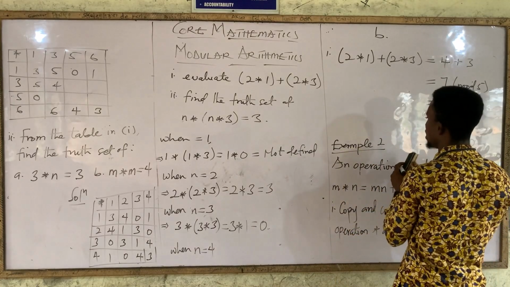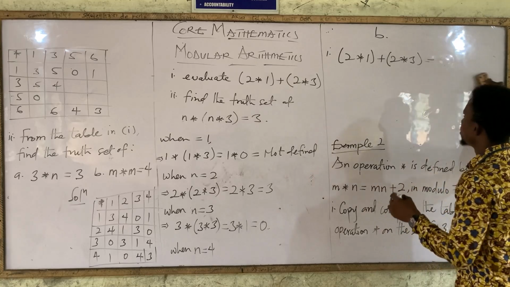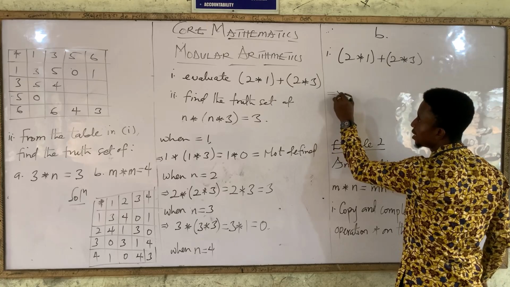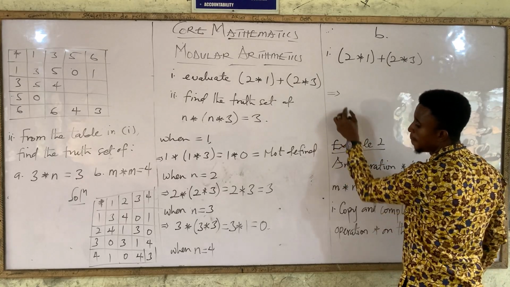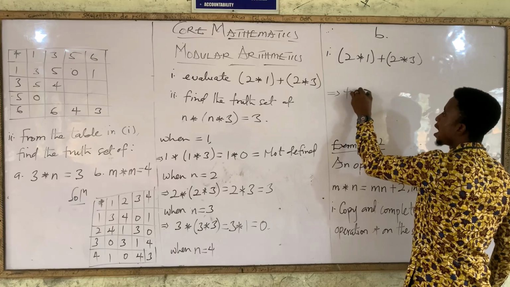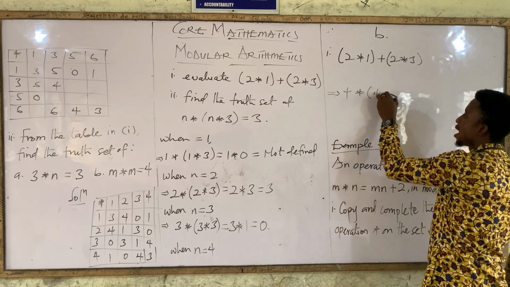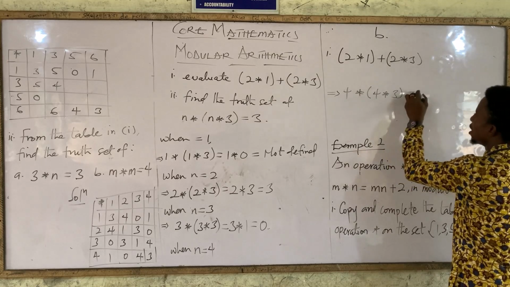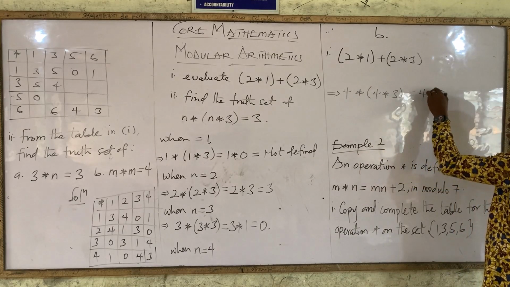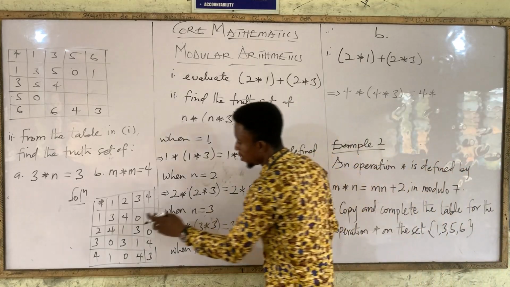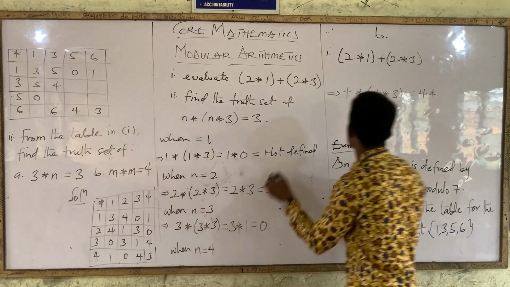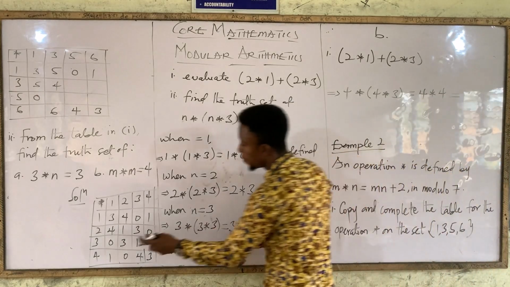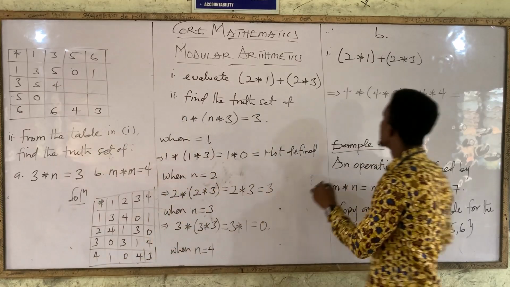We're already done with the I. So that one too implies that 4 star, into bracket 4 star, then 3 is equal to, then it will get me 4 star. 4 star 3. 4 star 3 is 4. So I have what? 4 here, which is equal to, then 4 star 4 is equal to 3.